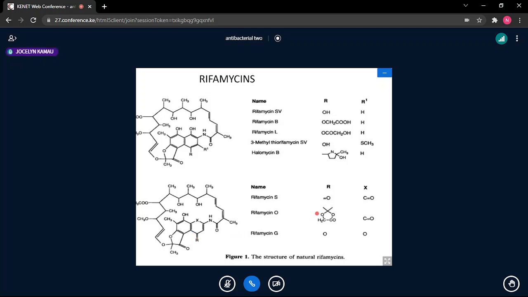For rifamycin O, it forms a cyclic ring, so you have another extra ring there. This moiety undergoes cyclization to give us this moiety at that position. X is still a carbonyl group.